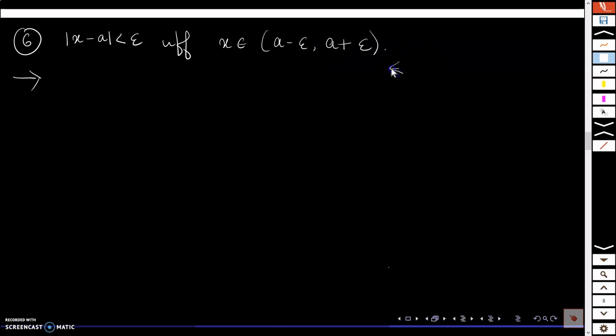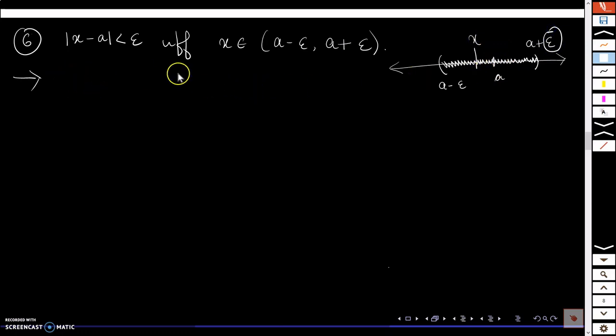So if you visualize this on the number line, supposing I have a point A somewhere, you add some positive epsilon to this, so that will give you A plus epsilon, and you'll have A minus epsilon. So you are having this open interval. Fine. So the point x will come in this interval A minus epsilon comma A plus epsilon if and only if the absolute value of x minus A is strictly less than this epsilon.